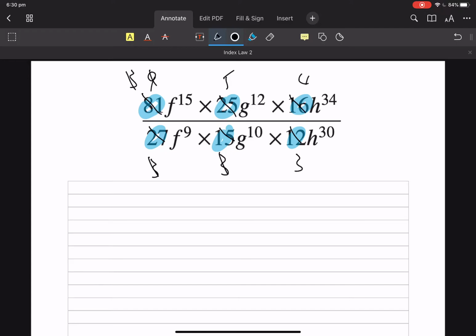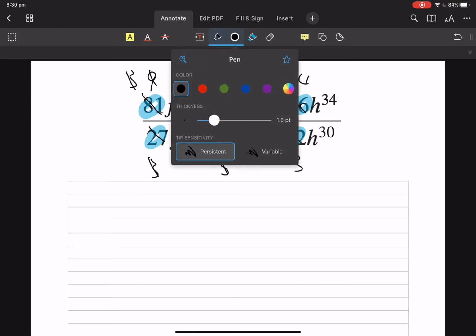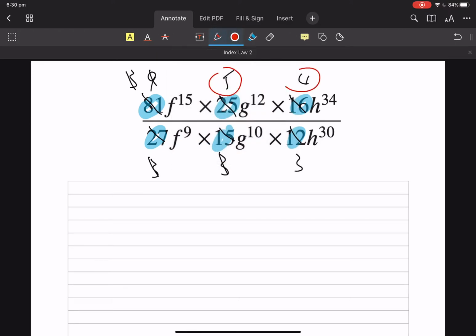What's left with my numbers? The only numbers that I've got left are 5, 4, and 3. So in my answer, 5 and 4 is 20 on 3. Okay, let's pick a letter.